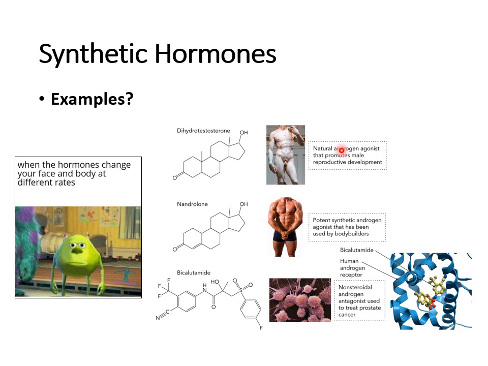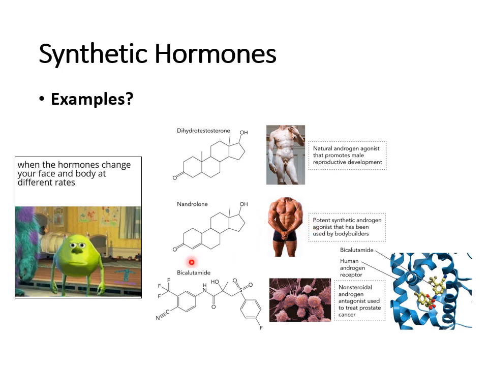So if the natural androgen promotes male reproductive development, then nandrolone as an agonist would also promote male reproductive development and male sexual characteristics. Okay, and so that's why you would see it used by bodybuilders to increase masculine secondary characteristics such as increased muscle mass.